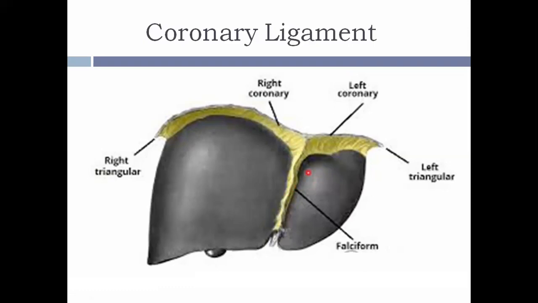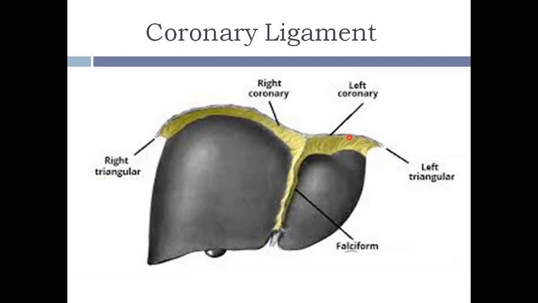There will be a slight logical question that would hit you right here: how could the right layer of the falciform ligament be continuous with the left side of the coronary ligament? It is. We'll see about the left layer of the falciform ligament next.